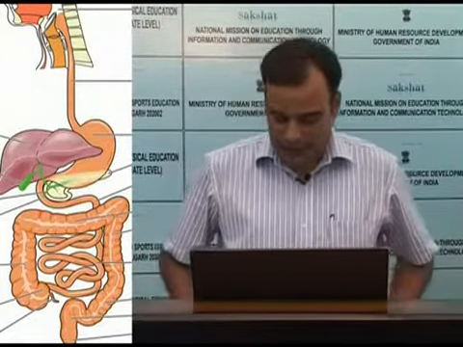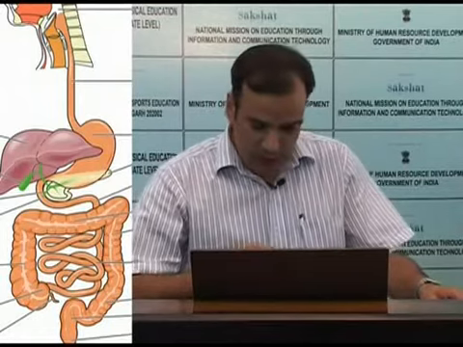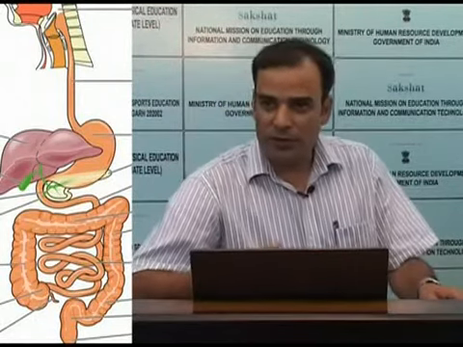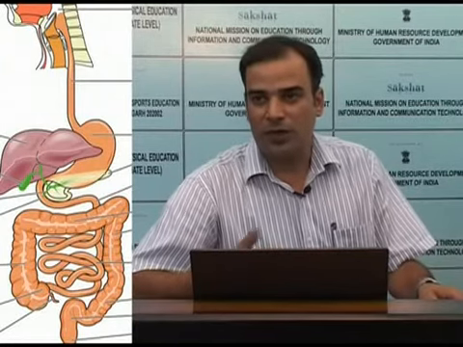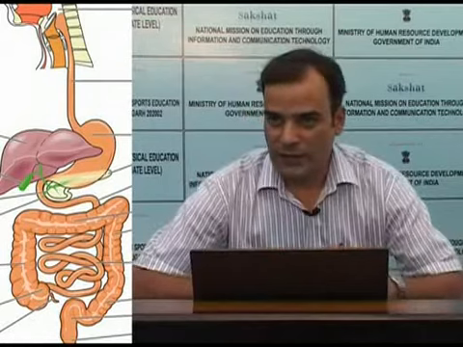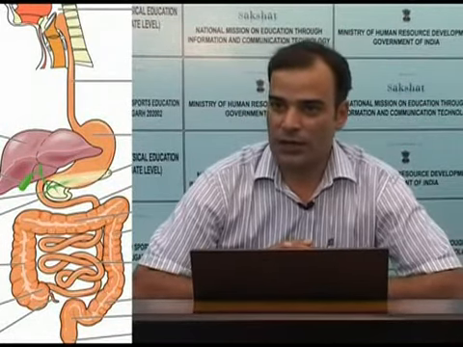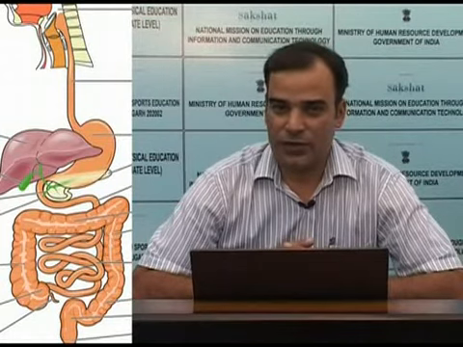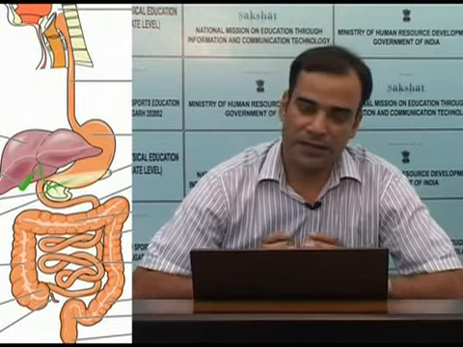Now if we cut this muscular tube, apart from some modifications, it is somewhat similar at all places. It has 4 layers, and from outside to in, these layers are the serosa, which is a connective tissue covering this muscular tube. Then starts the muscle layer.